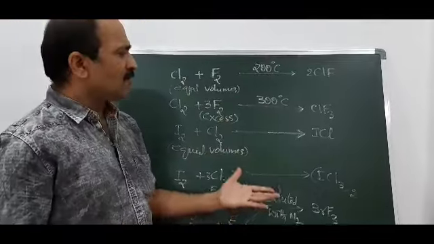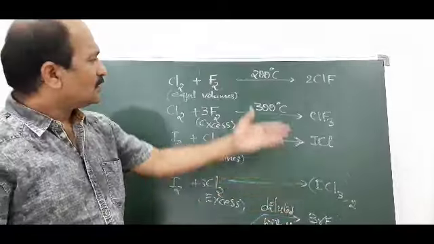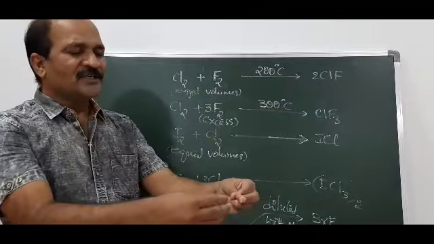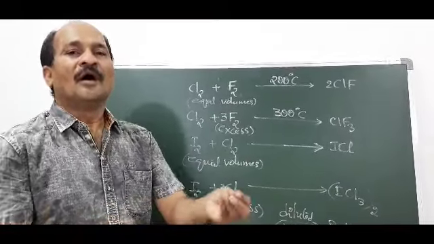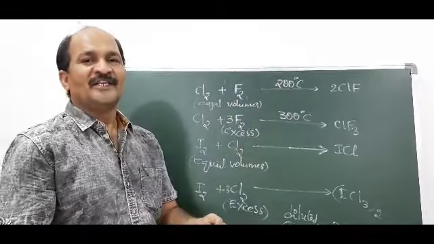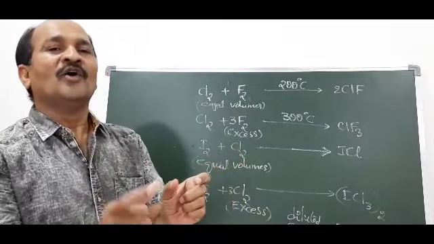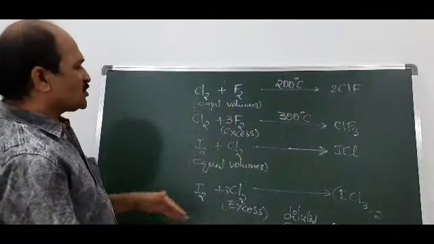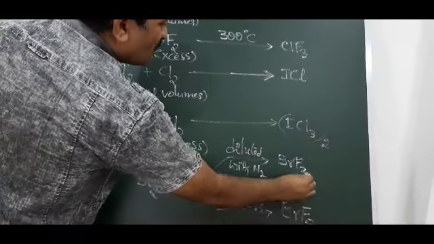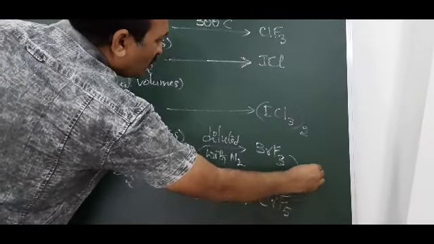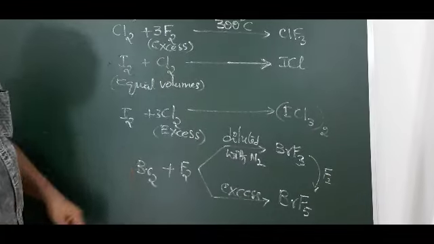How are they prepared? Look at these equations. Direct combination of two halogens, or indirect combination of a halogen with an interhalogen. Suppose you take BrF3. To this BrF3, if you add fluorine, you get BrF5.